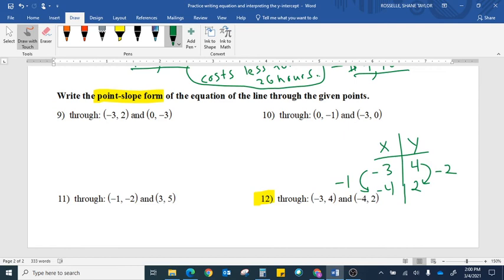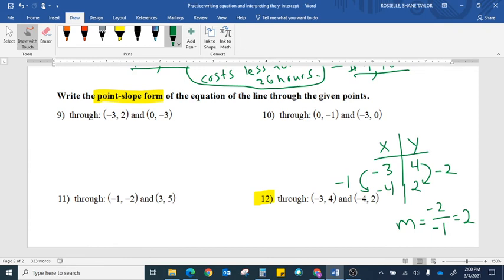All right? So my slope is going to be the y change, the vertical change, which is -2, over the horizontal change, which is -1. So -2 divided by -1 is 2. Okay, so now I have my slope.